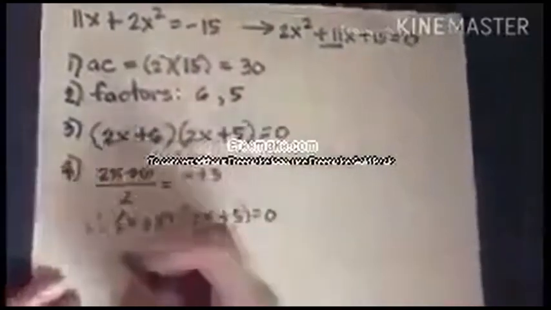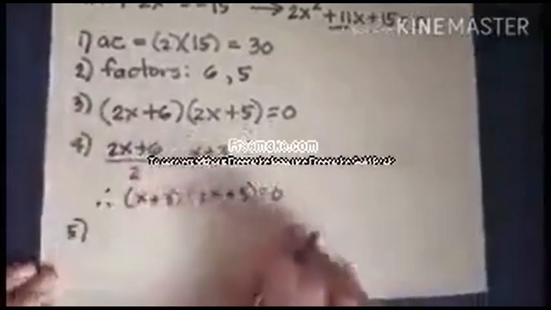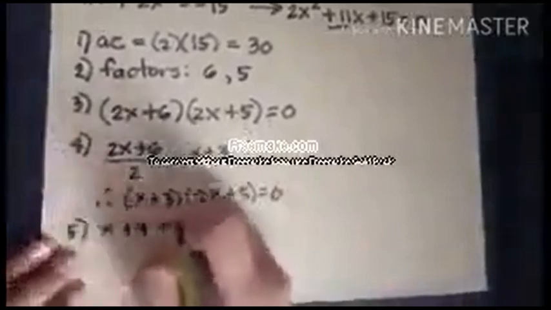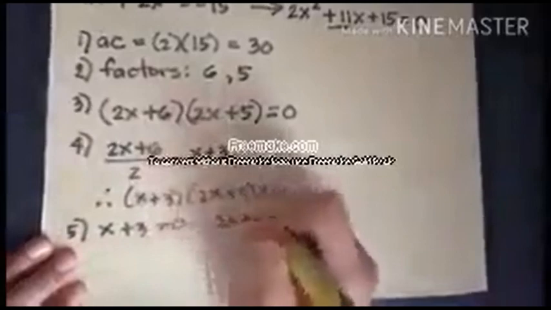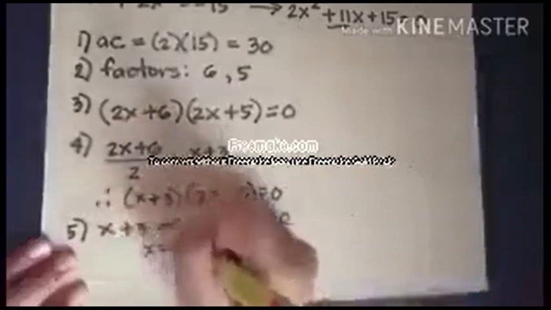So, step 5, we are going to equate. We are now going to equate each of the binomial factors equal to 0. So, we have x plus 3 is equal to 0. The other one, 2x plus 5 is equal to 0. So, we transpose positive 3 to the other side.